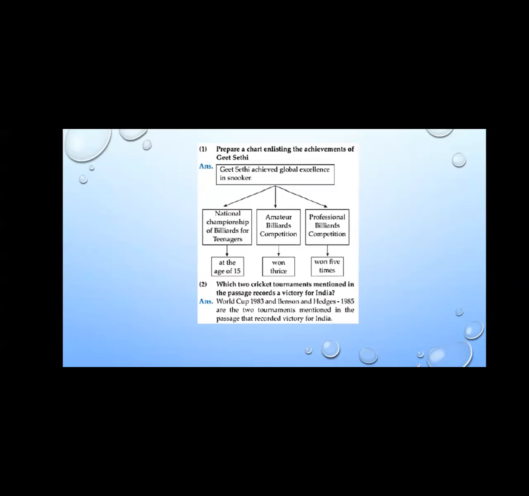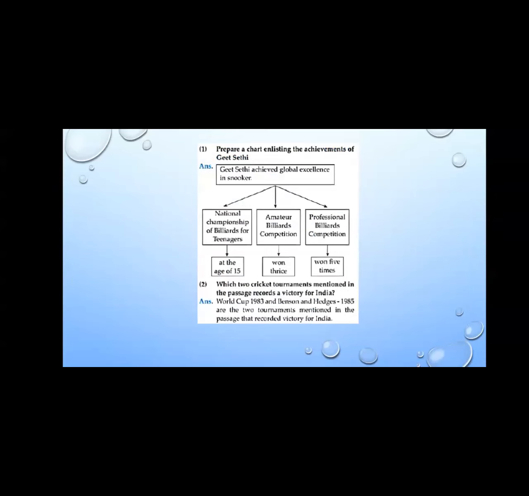National Championship of Billiards for teenagers, which was at the age of 15. Amateur billiards competition won thrice. Then professional billiards competition won 5 times. You can make this chart from the initial part of the first paragraph of your passage. From that you can understand and prepare this chart.